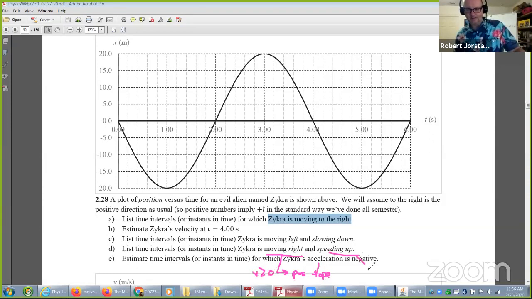Speeding up, in this case, means A has the same sign, which means A is greater than 0, which means concave up. So I think you can go out in the region and find those. Let's see. So I need a positive slope and concave up. That's right there. Also right there. I think that's it.